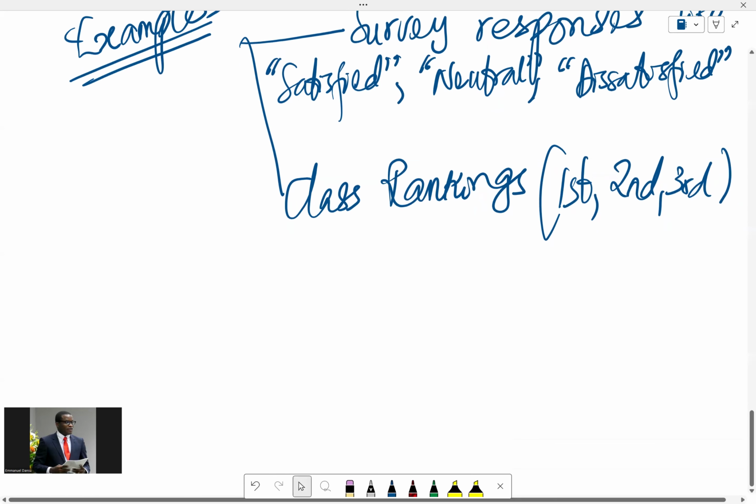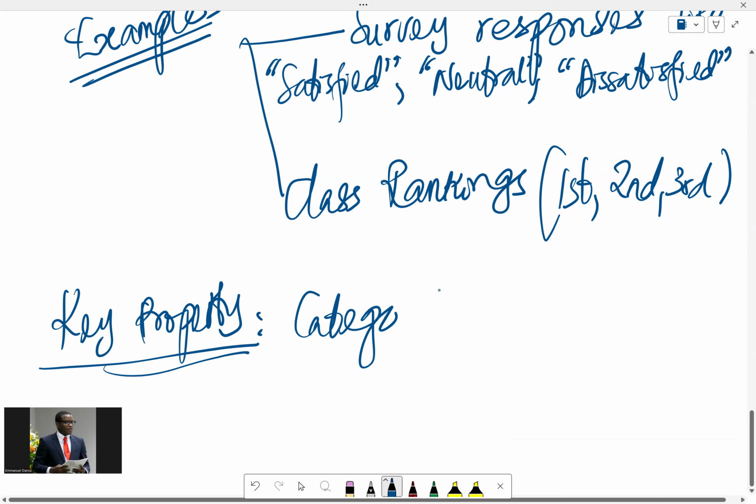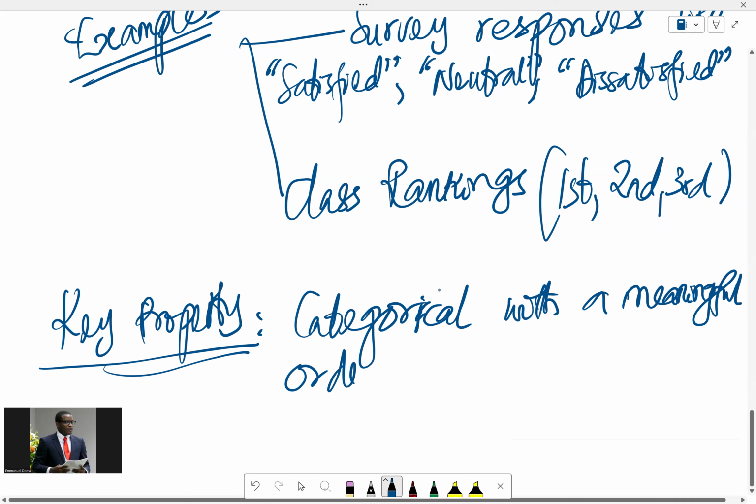Okay. So the key property for ordinal scale is that it is categorical with a meaningful order, but no consistent interval.